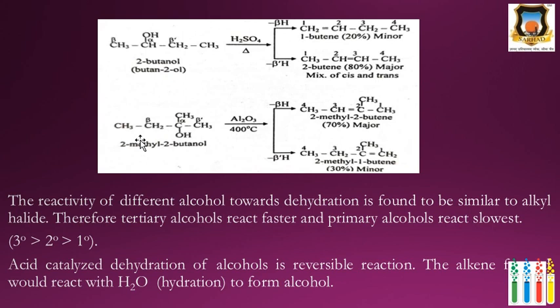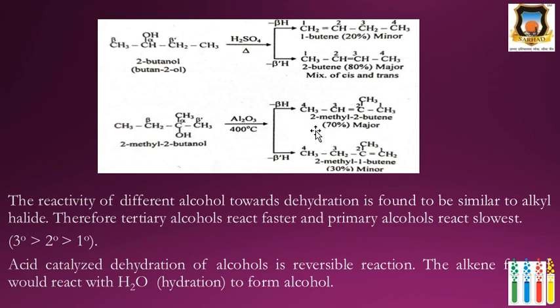Then 2-methyl-2-butanol, when it is heated in the presence of aluminum oxide at 400 degrees Celsius, then elimination of beta hydrogen and elimination of beta dash hydrogen gives products.